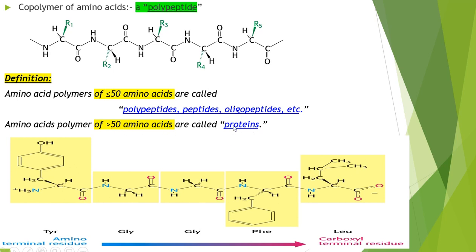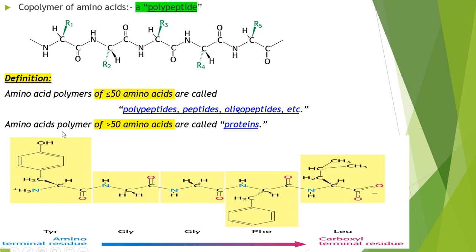they are termed proteins. Remember, this is very important to understand, because most students have confusion about what is a polypeptide, what is a peptide, and what is a protein. So the simple difference between a polypeptide and a protein is, if the linkage is of equal to or less than 50 amino acids, then we call them polypeptides.